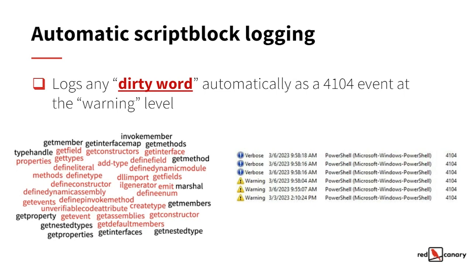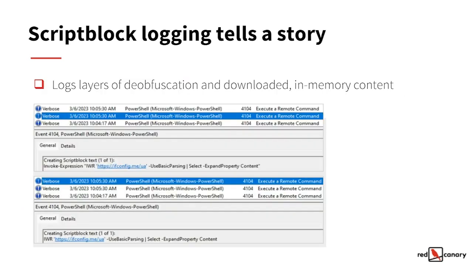So as I mentioned, Scriptblock logging, it tells a story. So I came up with a silly example here. So just imagine this being like one of those typical PowerShell download cradles where it reaches out to a C2 server, downloads some PowerShell, and then executes it using invoke expression. So I mentioned that invoke expression being logged would log its own Scriptblock. So hence, this is why you see two Scriptblock events here.